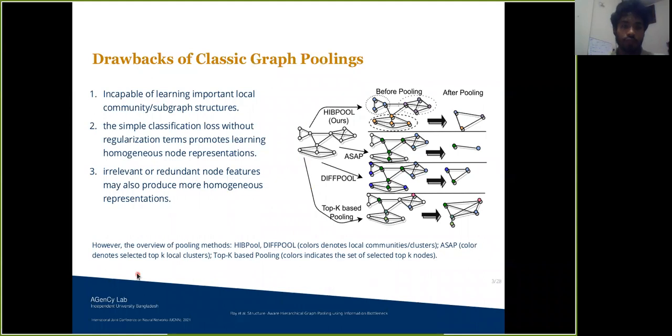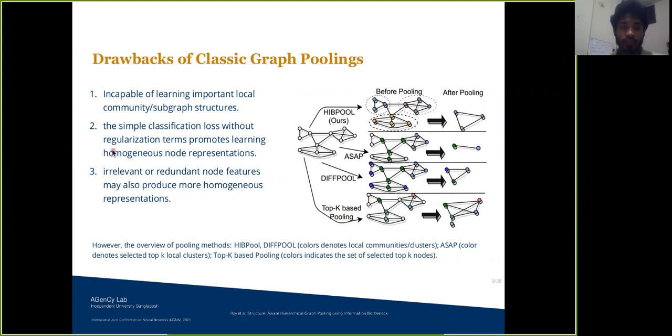Existing graph pooling methods suffer from several drawbacks. The first one is that they are incapable of learning important local subgraph or community structures. In this figure, we can see that SAG and DiffPool methods cannot learn this structure properly, and on the other hand, TopK and SAGPool actually fail to learn any of this structure information.